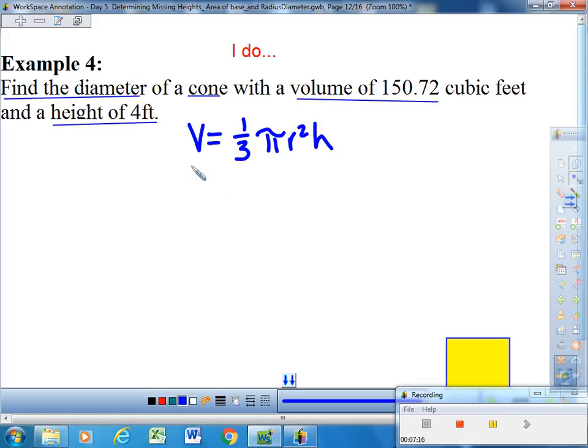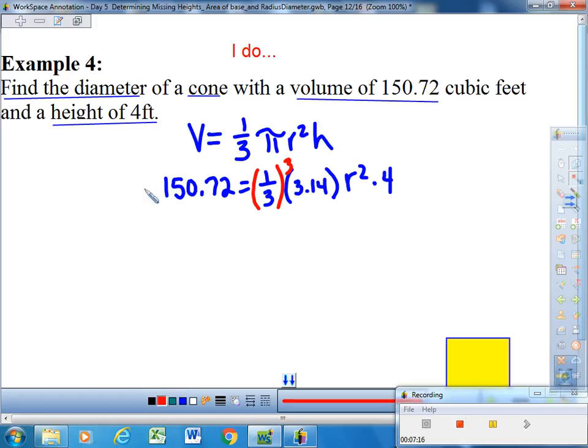So let's fill in what we know. Volume 150.72 equals 1/3 times 3.14. I don't know my radius squared. My height is 4. So I'm going to go ahead and multiply both sides by 3.